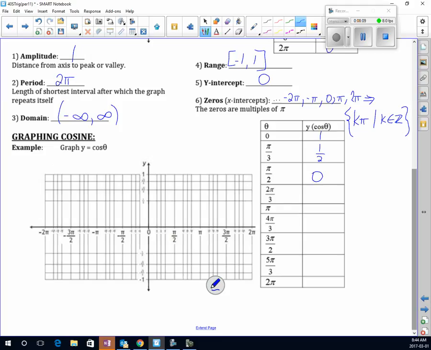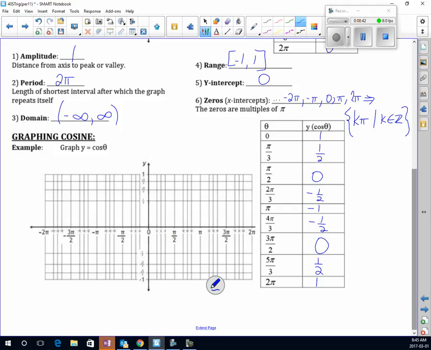Cos of 2 pi over 3, -1/2. Cos of pi, -1. Cos of 4 pi over 3, -1/2. Cos of 3 pi over 2, 0. Cos of 5 pi over 3, 1/2. And cos of 2 pi, that would be 1 again.